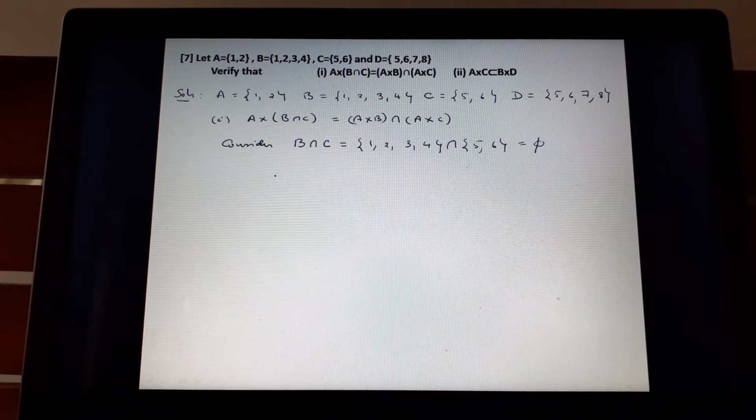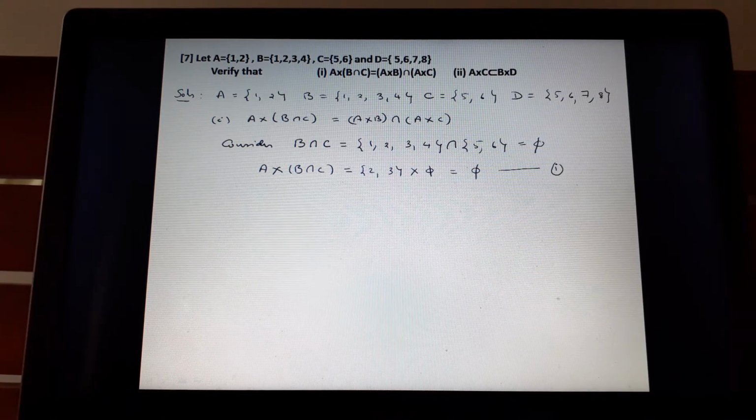Now we have to find A cross (B intersection C). This equals A, which is {1, 2}, cross pi. Since there is no element here, this is definitely pi. So this is 1. Now let us first find A cross B, then A cross C, and then find the intersection.